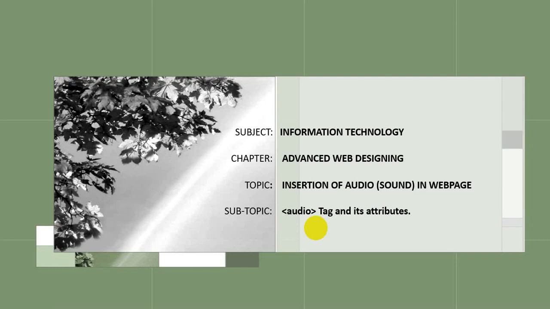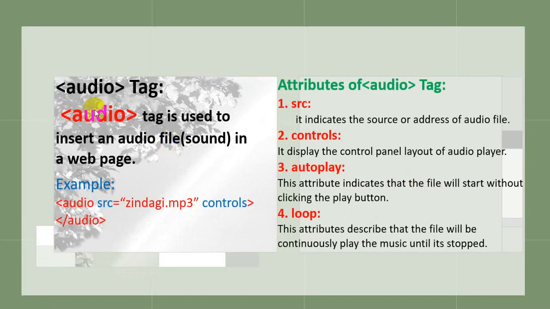If you have an HTML5 element called audio, by using that audio tag you can insert an audio file or sound file into your web page. So why do you require the source tag? Are you getting my question?